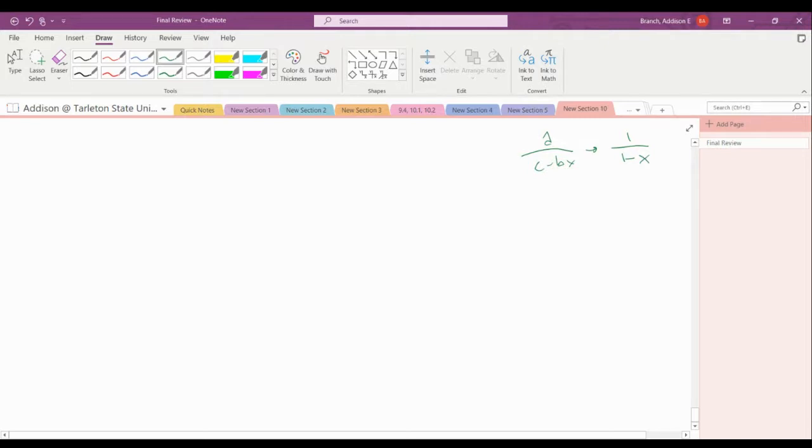But not all functions will lend themselves to that. So that is where differentiation and integration come in with power series.